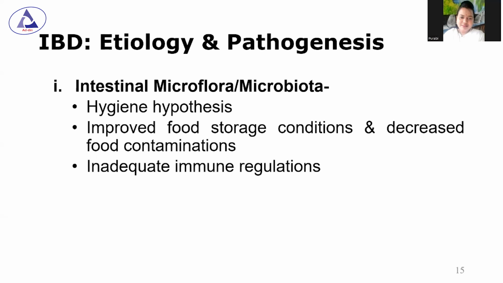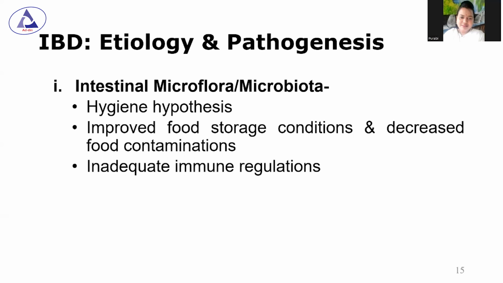Improved food storage conditions and decreased food contamination have reduced the frequency of enteric infection. With a clean environment in the intestinal lumen, the immune system may not be exposed to microorganisms, followed by inadequate development of regulatory processes to limit the normal mucosal immune response.